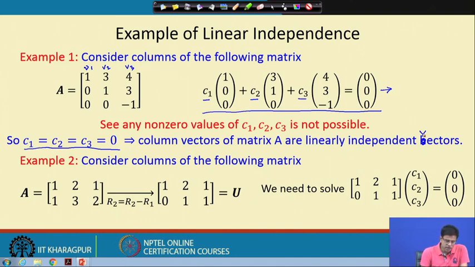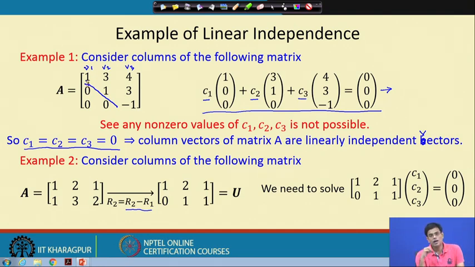Now this matrix, if I consider all the columns of this matrix, we can easily see that if I do this row operation, R2 dash equals R2 minus R1, then I can obtain the echelon form, or the upper triangular form, of the matrix. So in the previous example we have seen one important property, that this matrix is essentially an upper triangular matrix.